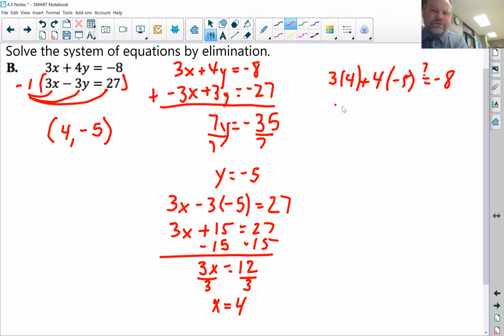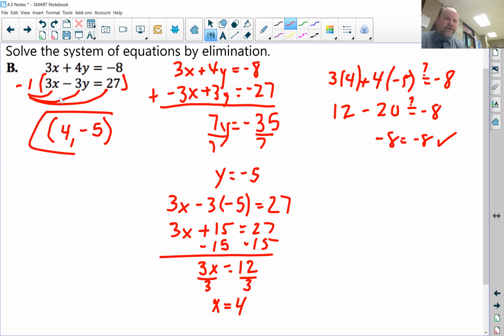So 3 times 4 is 12. 4 times negative 5 is negative 20. Negative 8 equals negative 8. That checks out. And I have a good solution. Questions so far?